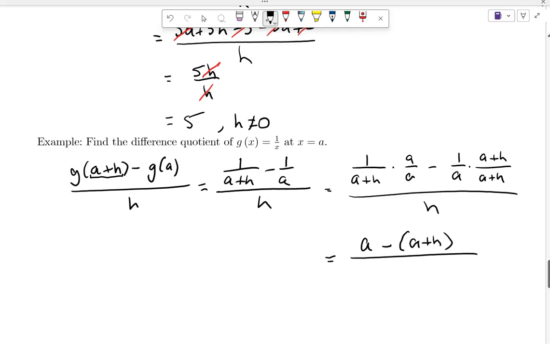The reason why we get a common denominator is it allows us to combine the fractions on top. So I have a minus the whole thing, the a plus h. So I said the parentheses are important. A minus the quantity a plus h over our common denominator. And then still all over h. That's still on bottom.